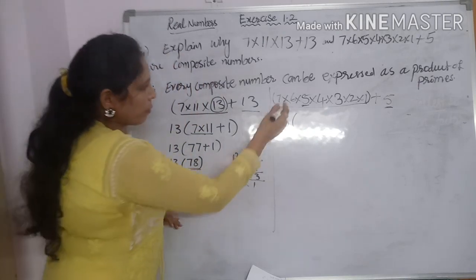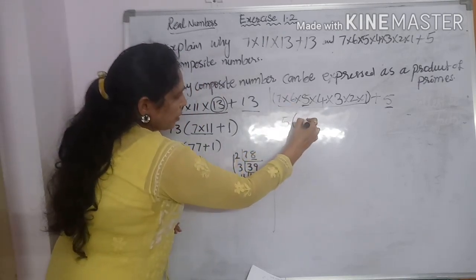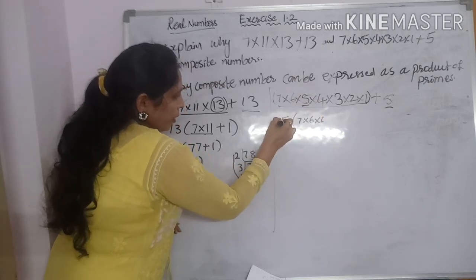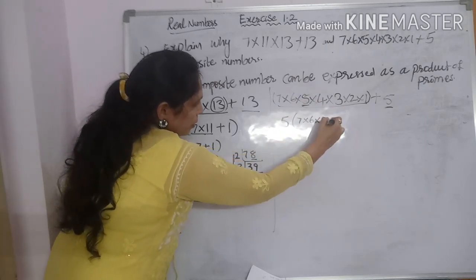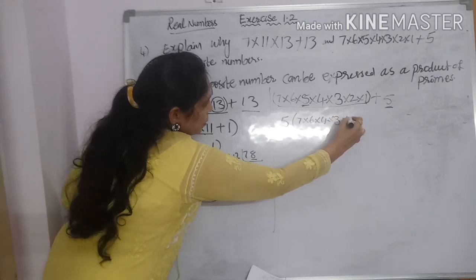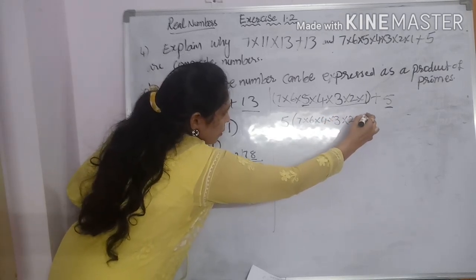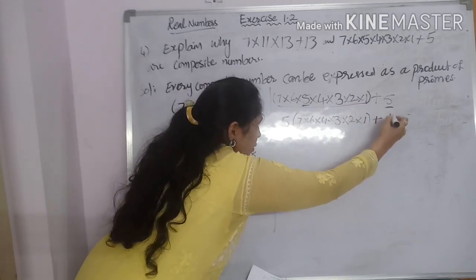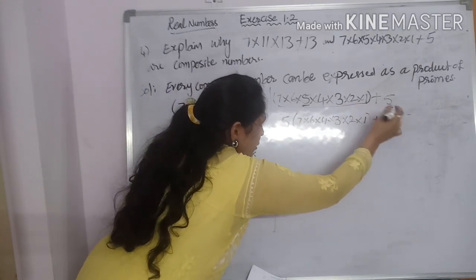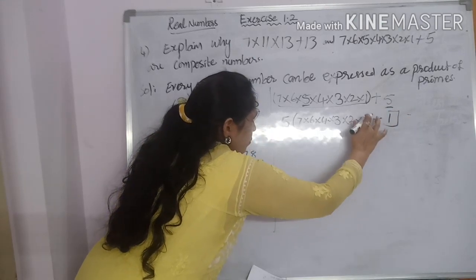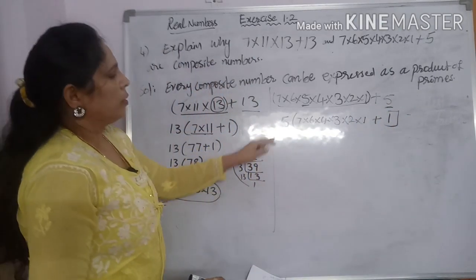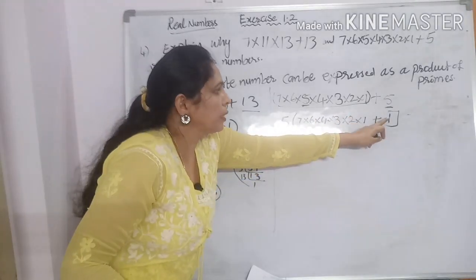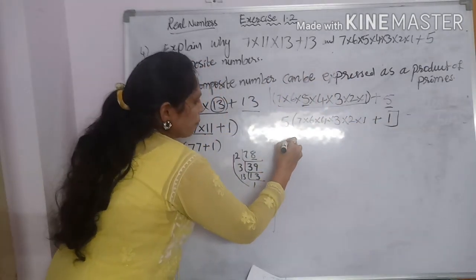Then what numbers are left over? 7 into 6 into 5 is there, then left over 4, 3, 2 into 1. Next, plus 1. Taking 5 as the common number, what is left over is 1.